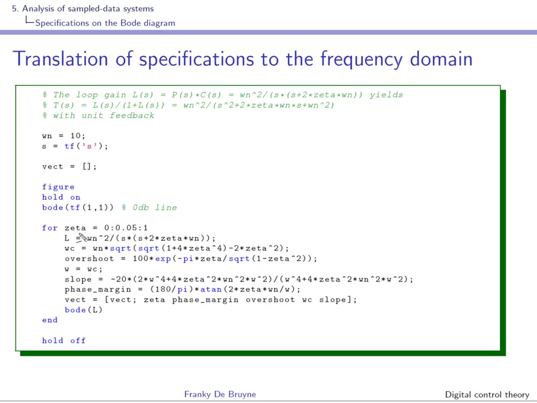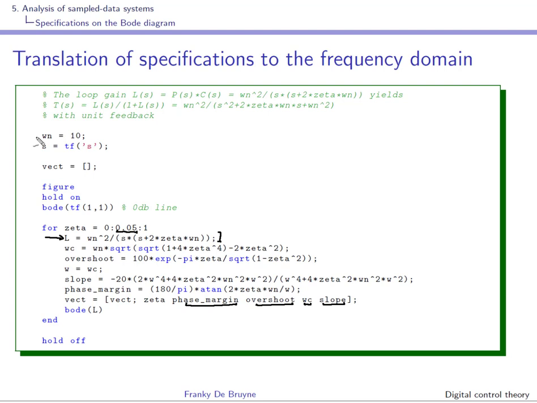So you can see here that we loop over zeta, going from 0 to 1 by steps of 0.05. So we look at the Bode diagram of the loop gain, and this is the loop gain that we impose, right? And then we compute the phase margin, the overshoot, the crossover frequency, and the slope.